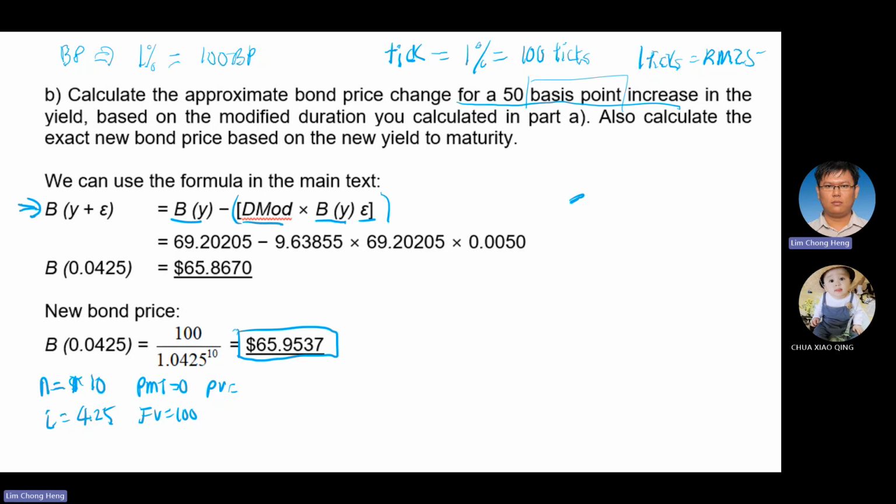Remember, then you get the bond price, this. You see the answer has a small difference. The answer is around 9.